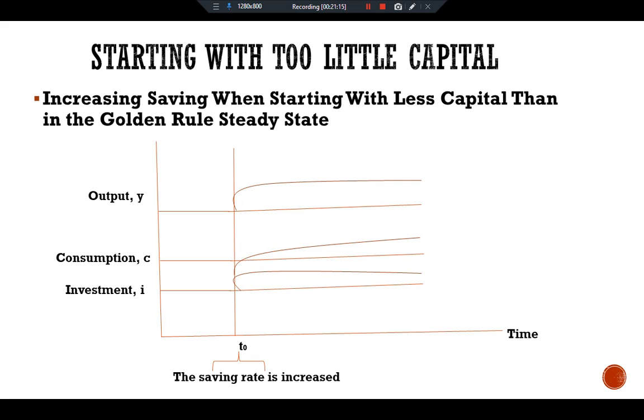Over time, as the capital stock grows, output, consumption and investment all increase, because the economy begins with less capital than the golden rule. The new steady state has a higher level of consumption than the initial steady state.